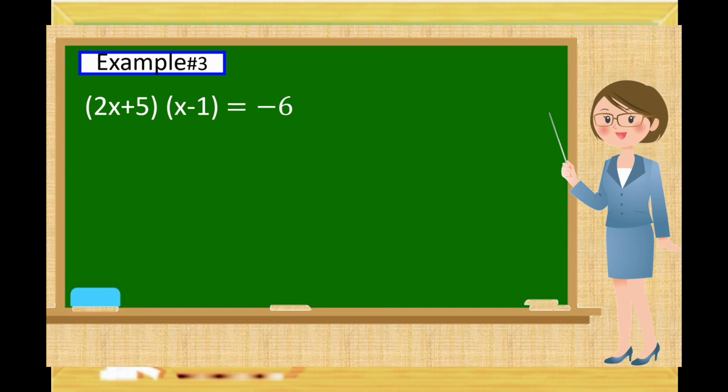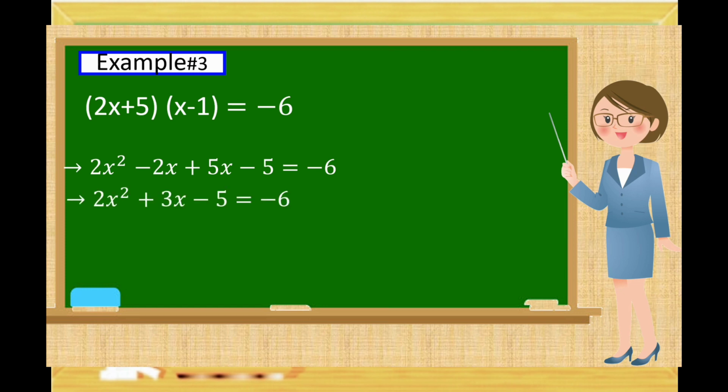Just like example number 2, it can be written in standard form by expanding the product and making one side of the equation 0, as shown below. 2x squared minus 2x plus 5x minus 5 equals negative 6. 2x squared plus 3x minus 5 equals negative 6. 2x squared plus 3x minus 5 plus 6 equals negative 6 plus 6.